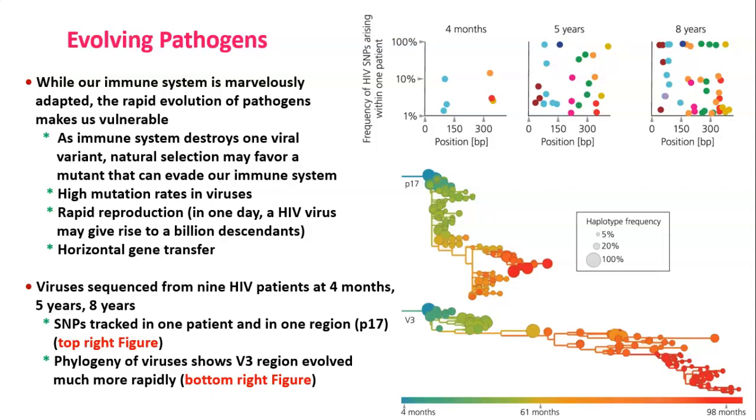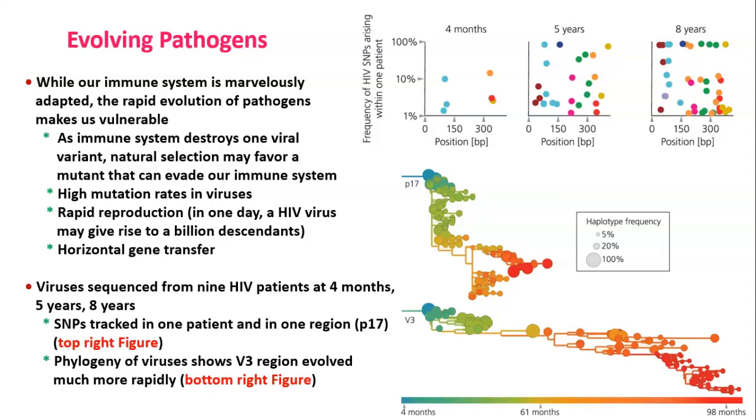Case in point, in one day, a single HIV virus in a human being can give rise to 1 billion descendants. That's pretty daunting.